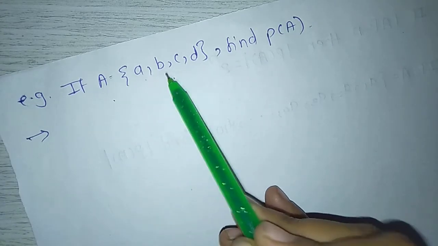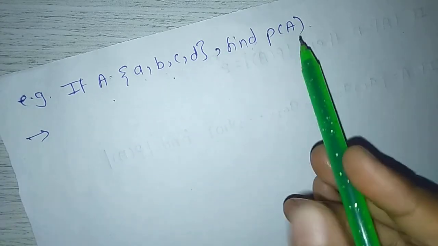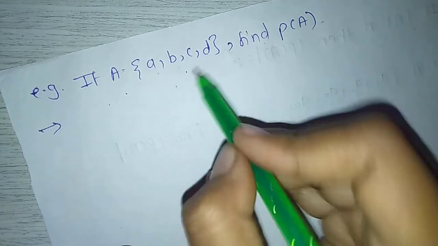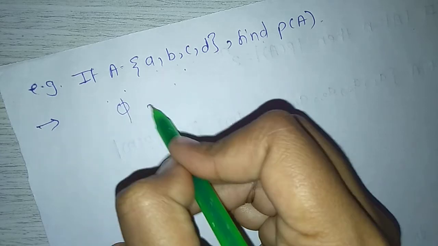Next example. If A equal to the set of A, B, C, D, find the power set of A. All subsets of A having 0 elements: the empty set.